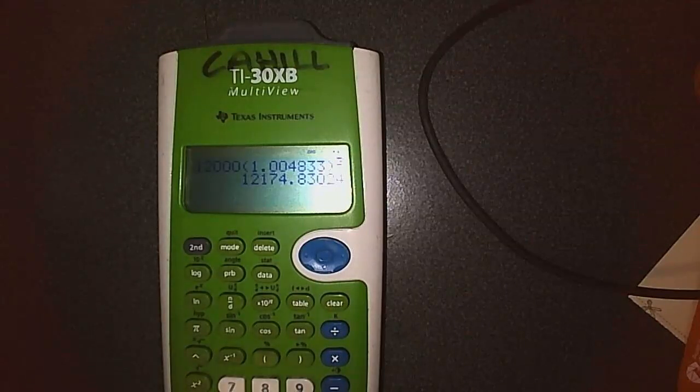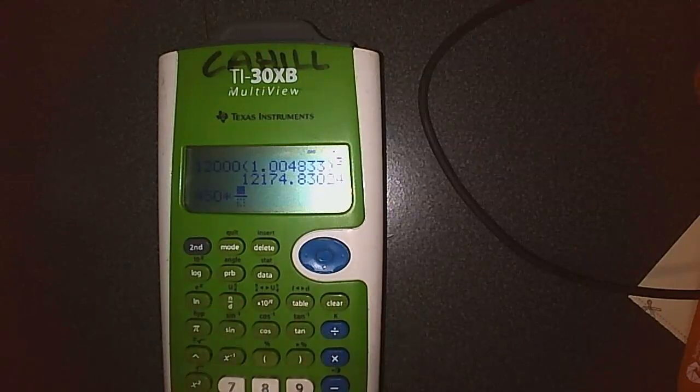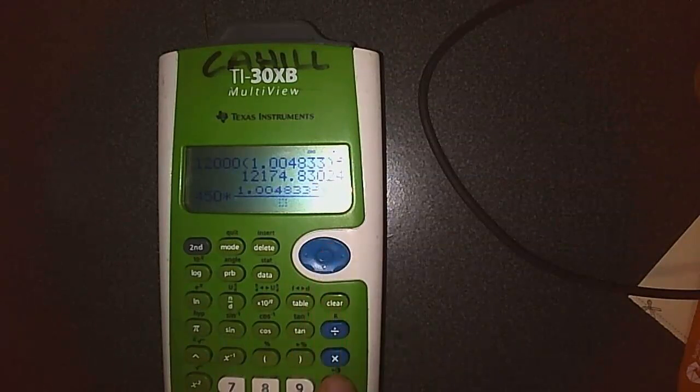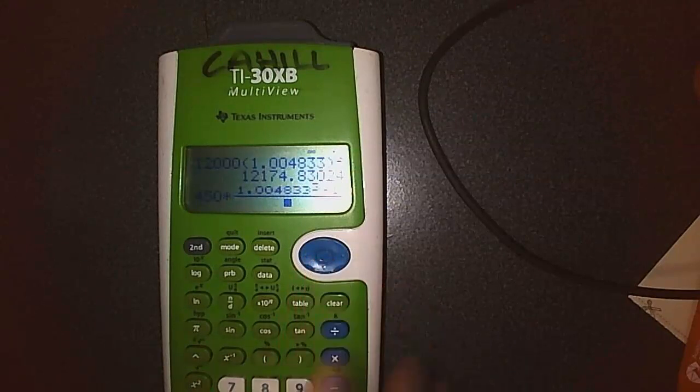Now I'm going to do the second part. 450 times 1.004833 to the power of 3. Move my cursor over. Take 1 underneath, 0.004833.